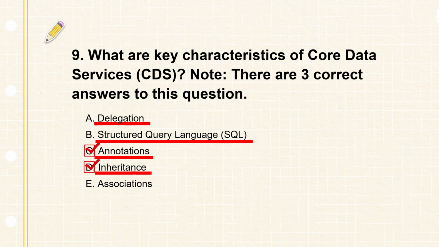Correct. CDS supports inheritance, allowing more complex data models to be built efficiently. Correct. Associations define relationships between different CDS views.